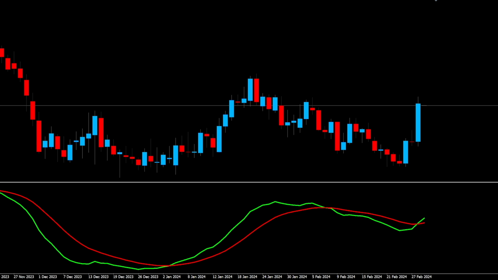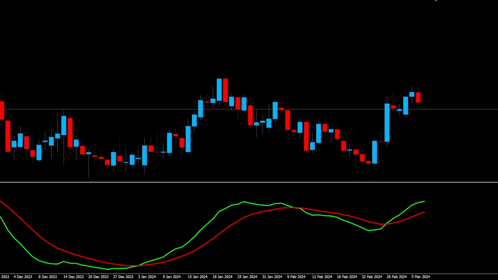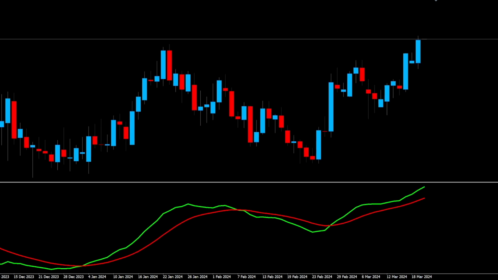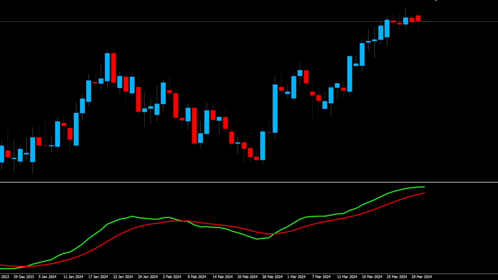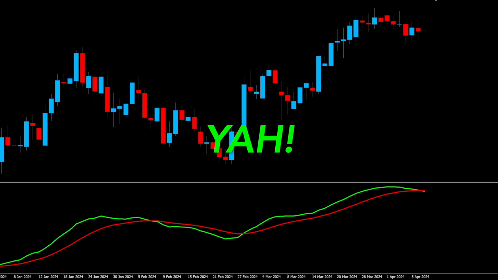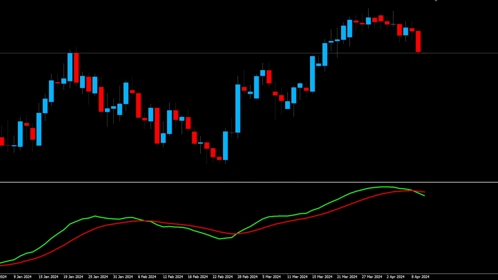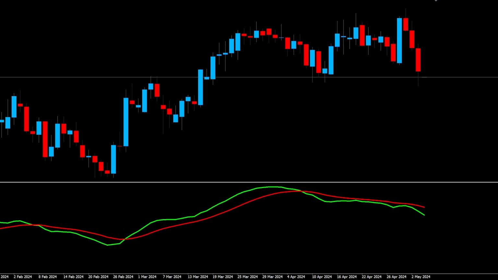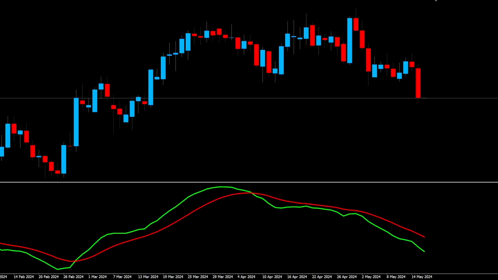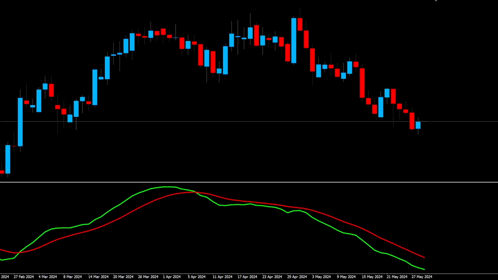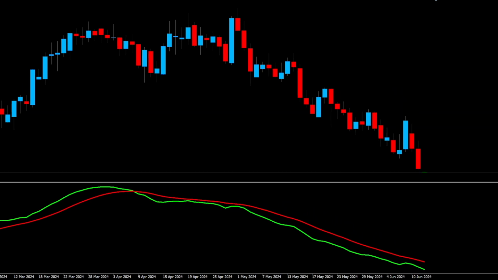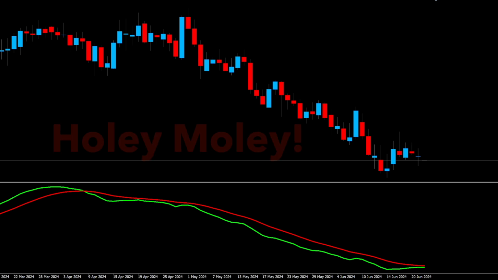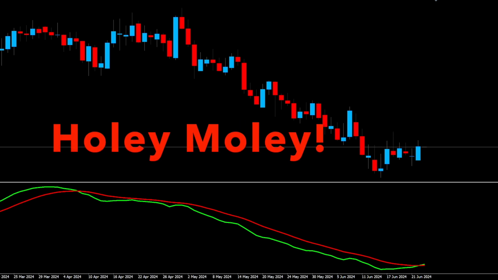Now, a long with strong movement. Well, yeah, you can take that one to the bank. What can we say here other than holy moly on that trade?